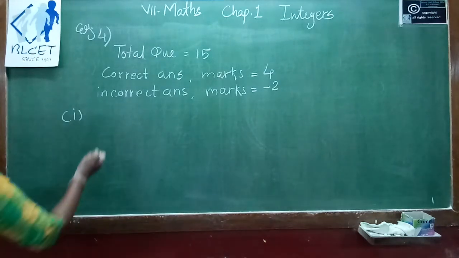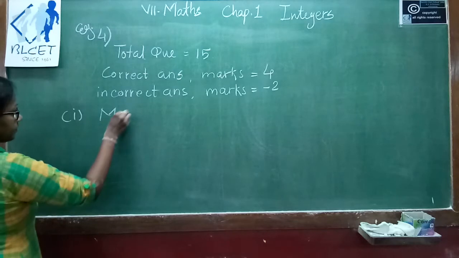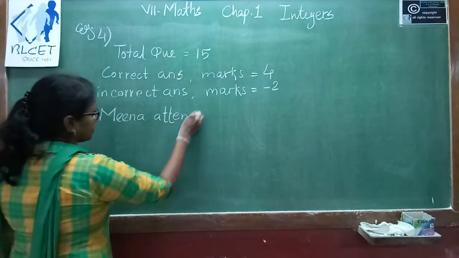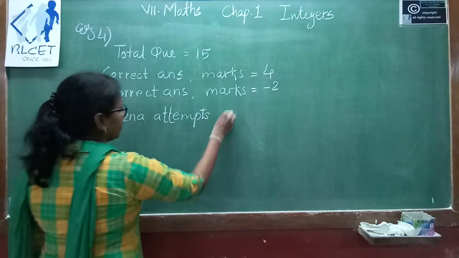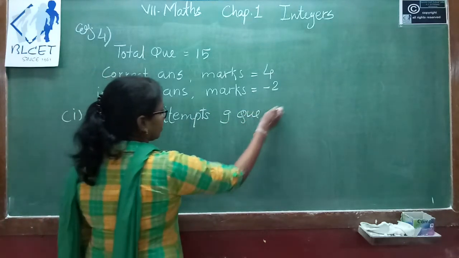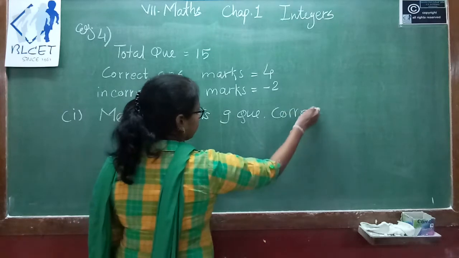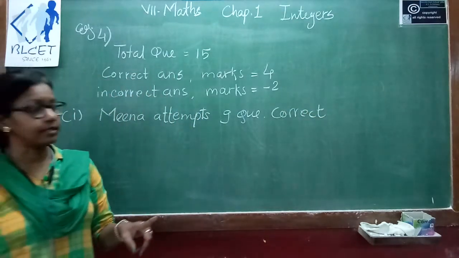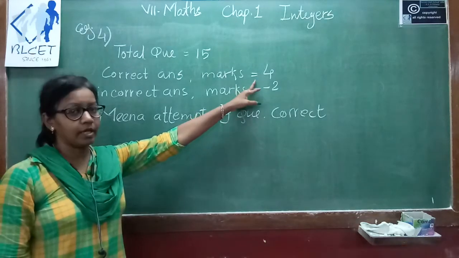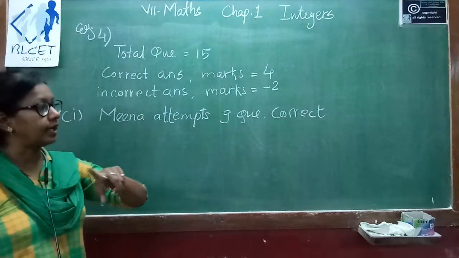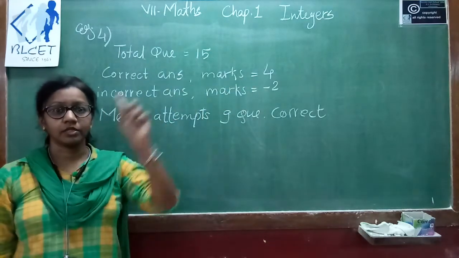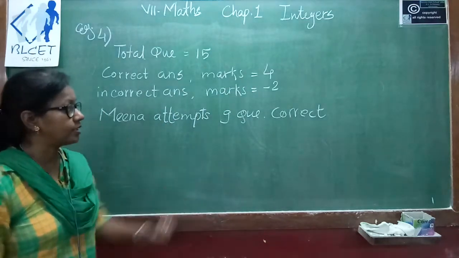So Meena gets 9 questions correct. We know that if you give one correct answer, your score is 4 marks. So for 1, score is 4. So for 9, what is the score?